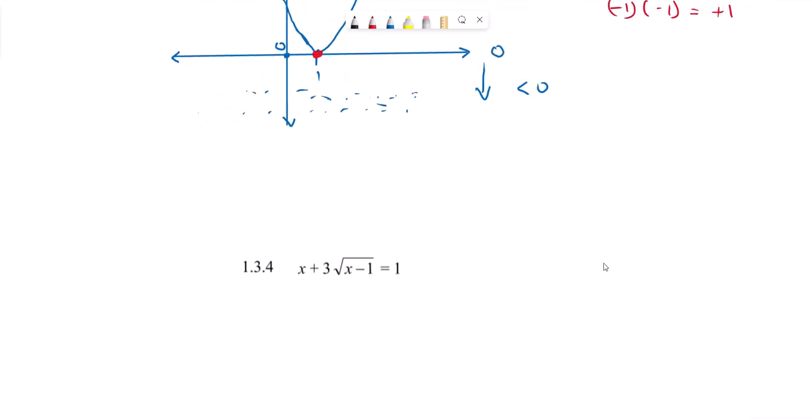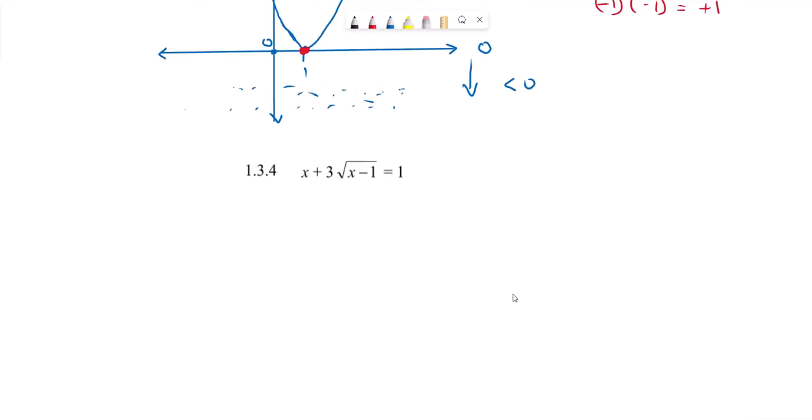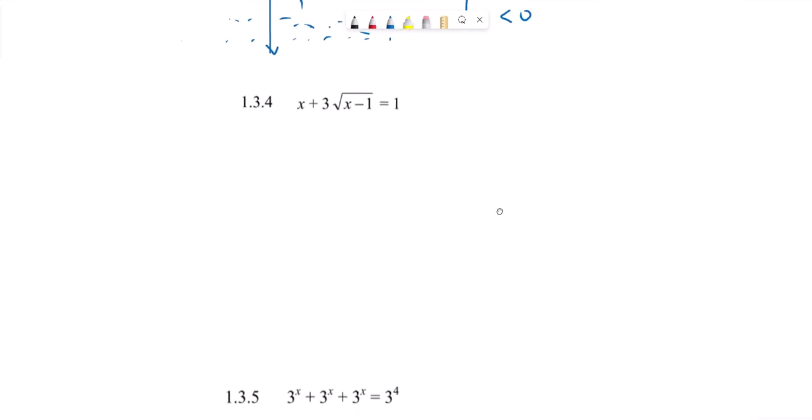Let's go up and up. Okay, let's bring this just up. I might need space here, but let's go. So it's still solve for x, guys. Let's continue. So what do we have? We have x plus 3x multiplied by the square root of x minus 1 is equal to 1.